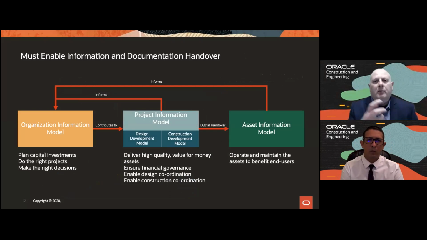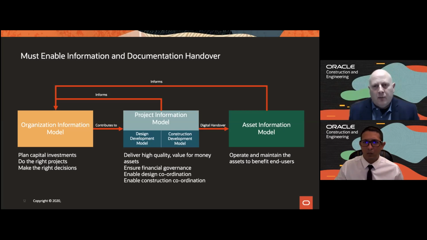That information must be handed over to the project team, to the project information model, where it supports both the design development phase and the construction development model. And it's important to have that model visible and accessible to all the stakeholders to deliver high quality value for money assets. After the project phase, the asset information model is handed over to the operations and maintenance team.